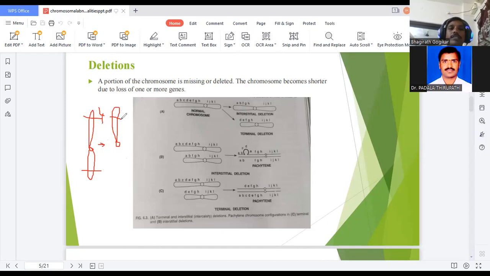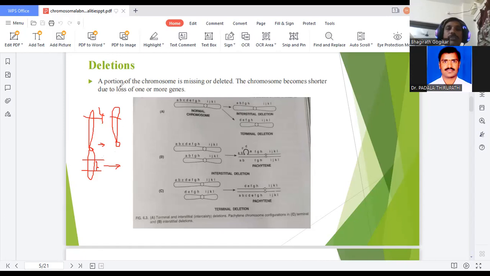Sometimes we call it deletion when an interstitial or intercalary segment is lost. For an intercalary segment, this part of the chromatid is removed from the chromosome by how many breaks? An intercalary segment of the chromosome is detached from the complement, so it requires two breaks.